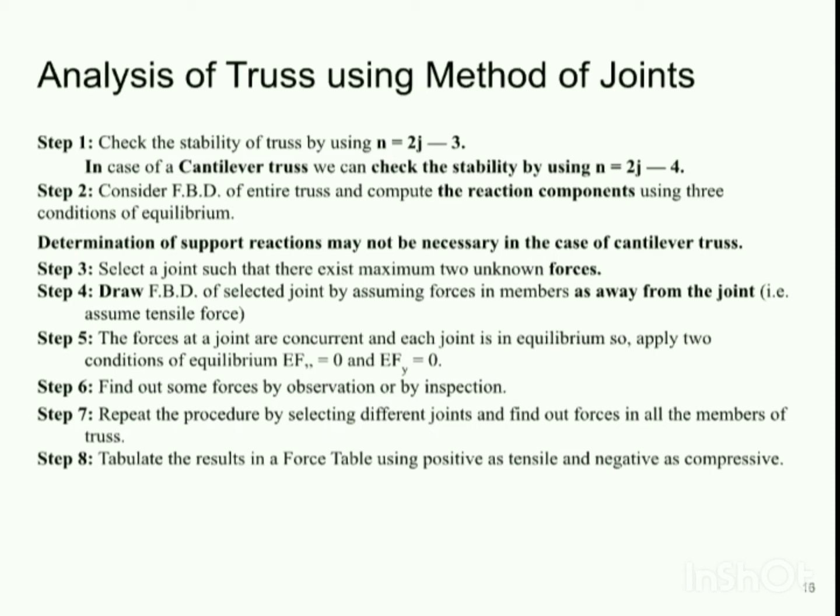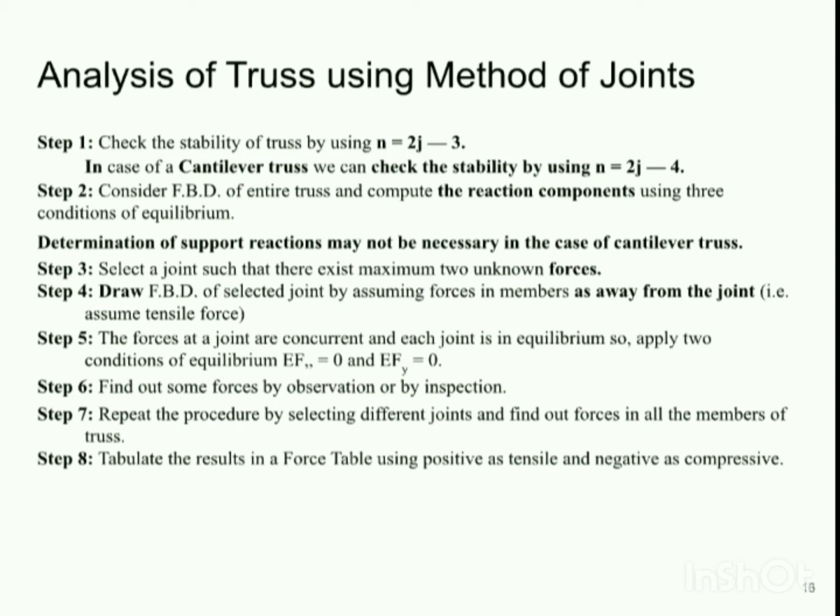Step number 4, we need to draw the FBD of the selected joint by assuming forces in members as acting away from the joint. That is, we are assuming these members are carrying tensile force. We need to draw the free body diagram of all the joints in such a way that we draw the member forces acting away from the joint.